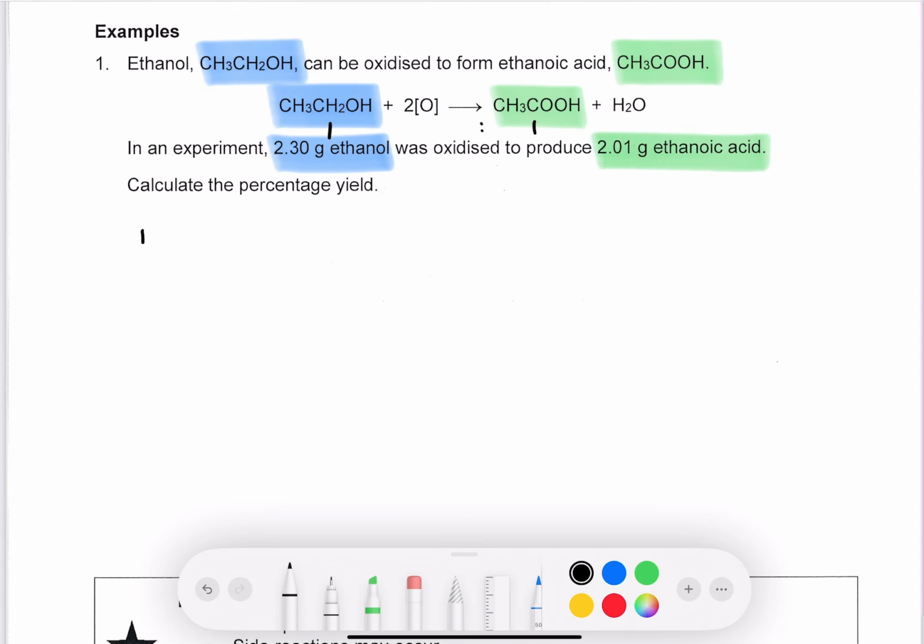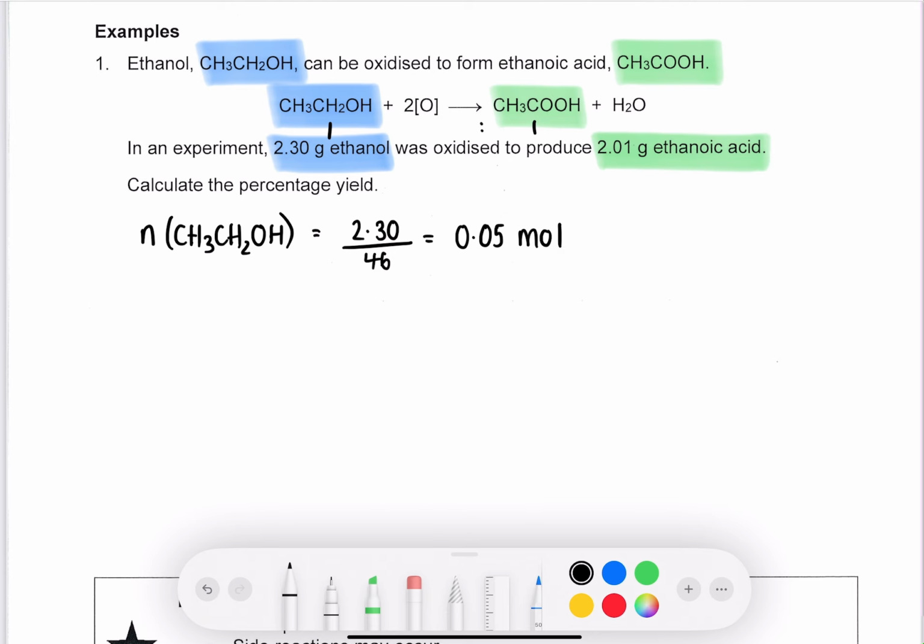So the first thing we would need to do is work out how much ethanol we started with in moles. Remember, chemistry is about moles, so we want to do mass divided by MR. We add up the MR of ethanol and get 46, and so we've got 0.05 moles to start off with.